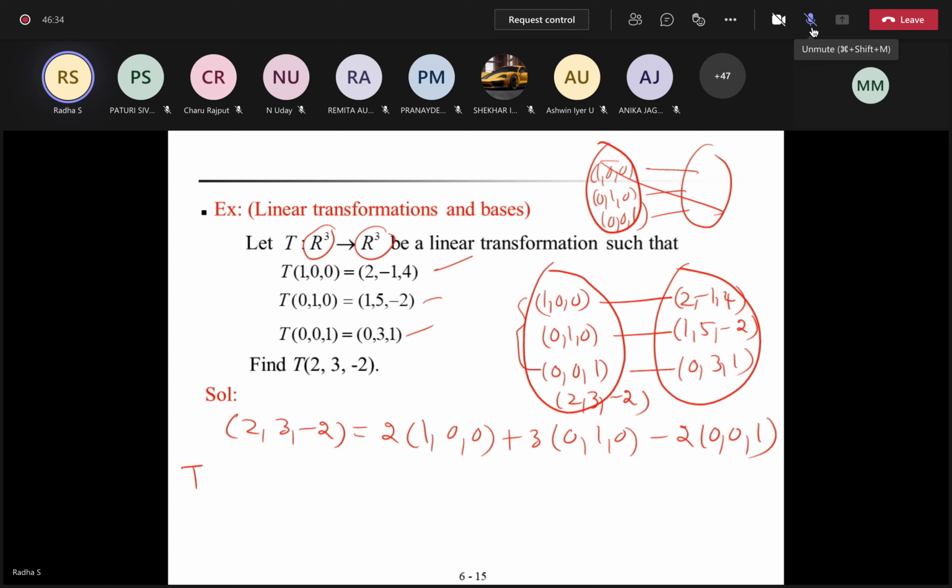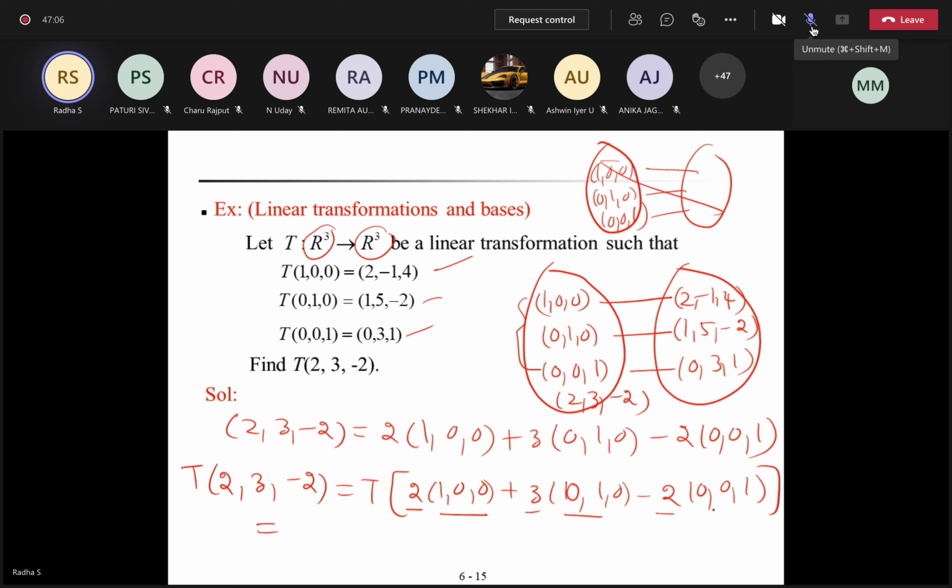Okay. So with this question I will stop. 2, 3, minus 2 is T of this, right? T of this one. So this is like what here? It's looking like some C1 times the first element, C2 times the second element, C3 times the third element.